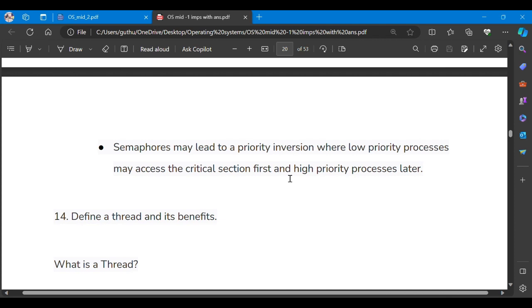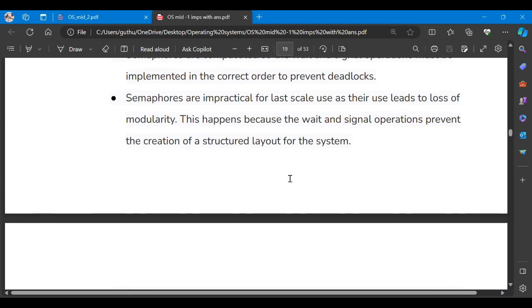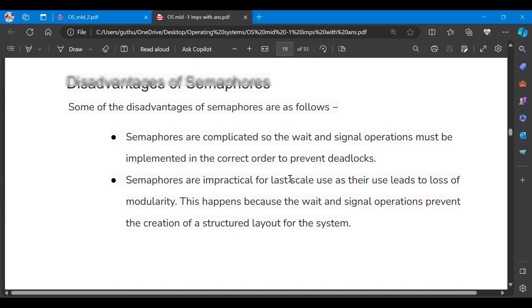In any process, usually the high priority process has more priority than the low priority one. But in this inversion, the low priority processes get more priority than the high priority ones. That is the reason why semaphores have a disadvantage in this case.